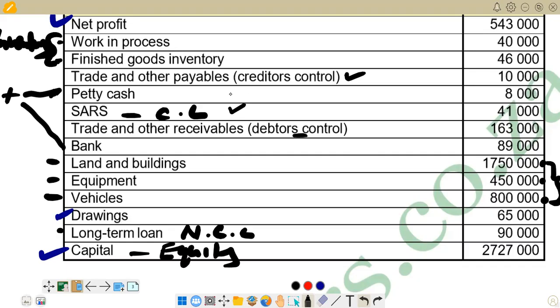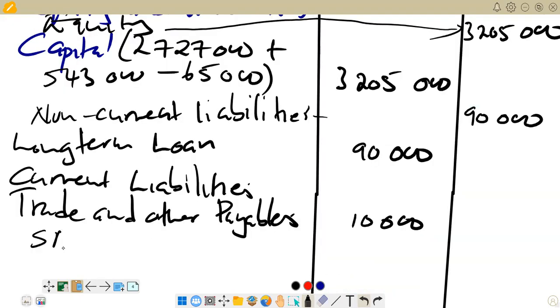So we owe 41,000. So we need to pay that. So we are saying it's a current liability in the sense that we expect to pay that amount within a period of less than a year. So we say 41,000. We can just say SARS. There's a description there, SARS, and we are having 41,000.